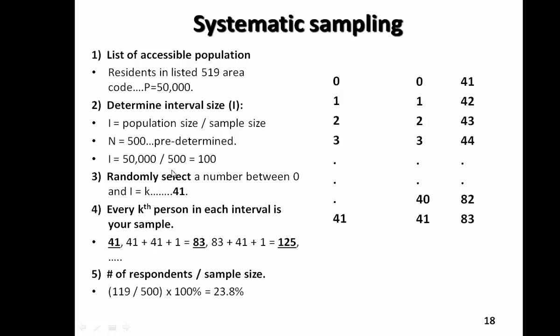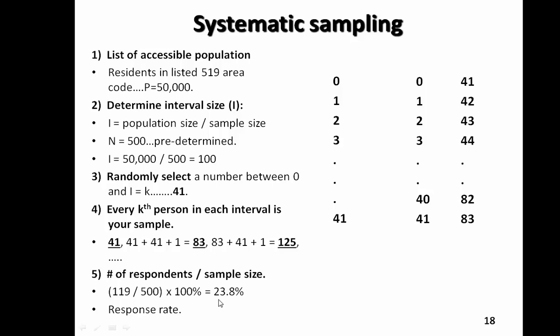So, as an example of the number of respondents per sample size, if contacting all 500 of those individuals, only 119 respond to the request to participate in a study or complete a survey, then what the researchers have is what's called a response rate. The response rate refers to the number of sampled individuals from the population that choose to participate in the research.